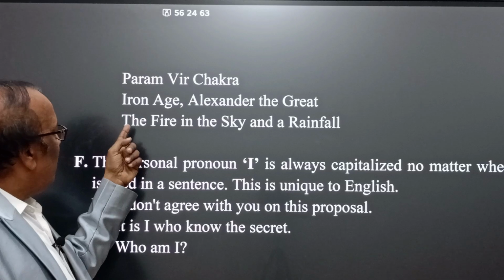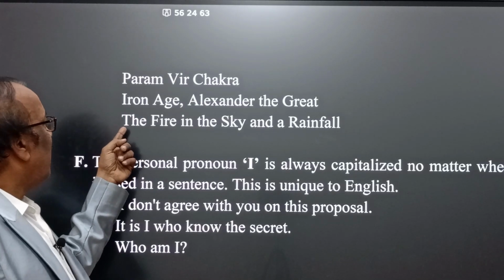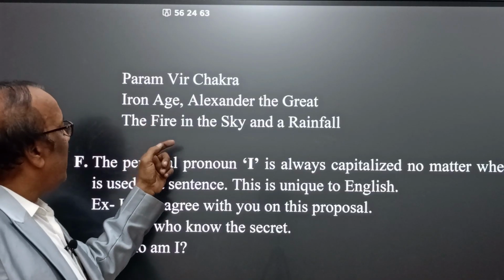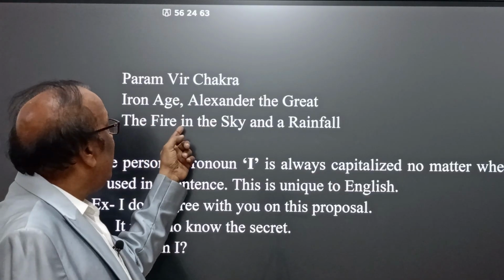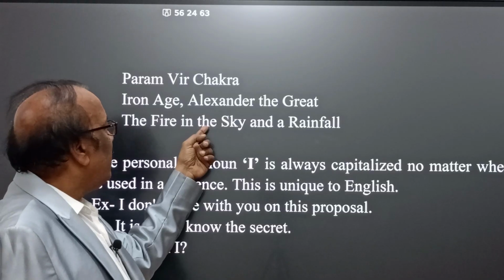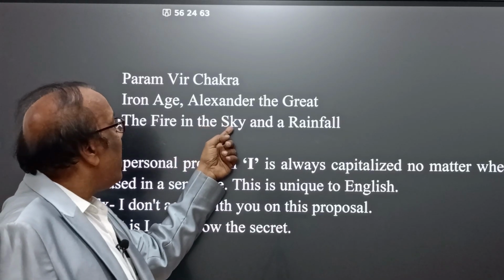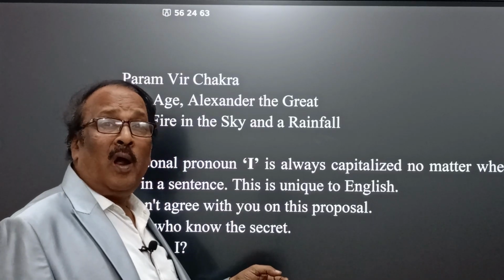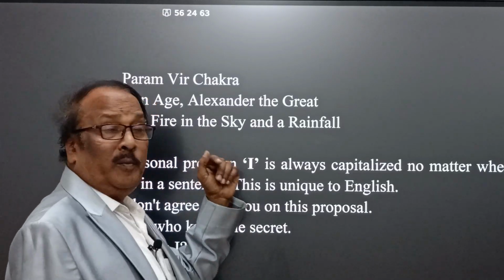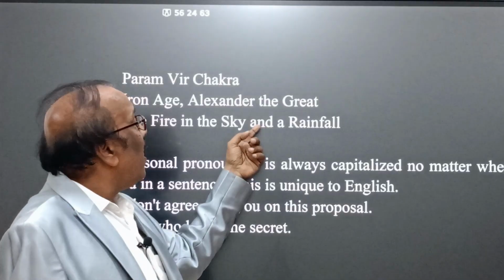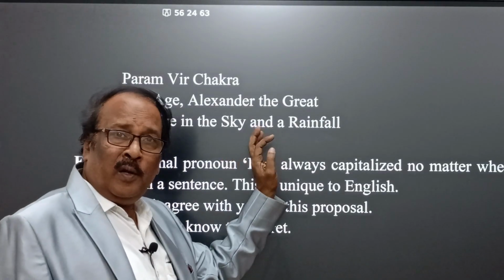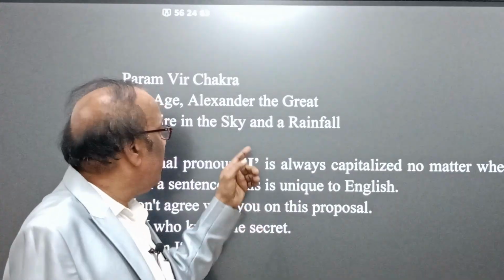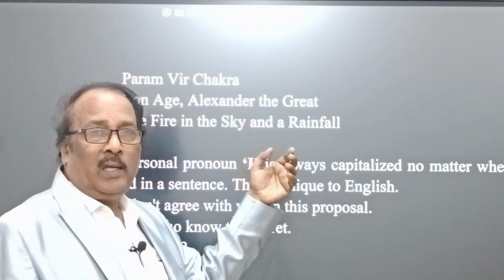Look at this title: the T capital, Fire, F capital, and here "in" is a preposition, and "the" is the article. Sky is a noun, and therefore it should be capital. "And" is a conjunction, it is not made capital, "a" is an article.